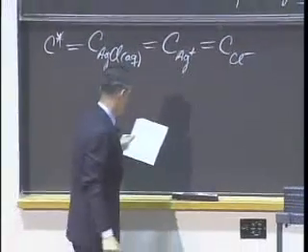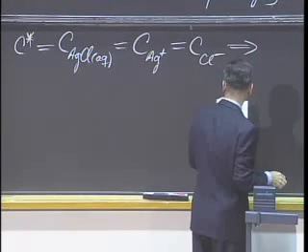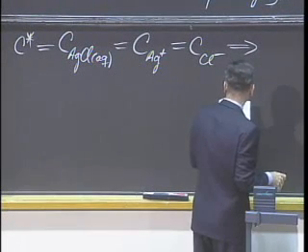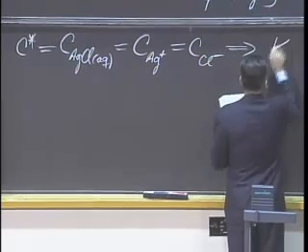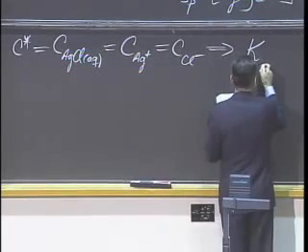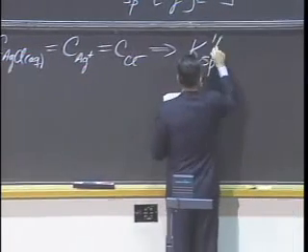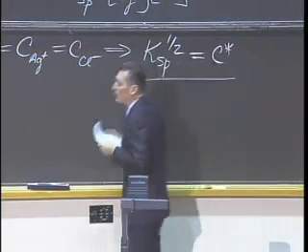All of these are the same. And so with a little bit of algebra, we can show that the relationship between this and KSP is, since the concentration of silver equals the concentration of chloride, KSP to the 1/2 will equal C star, the saturation solubility.